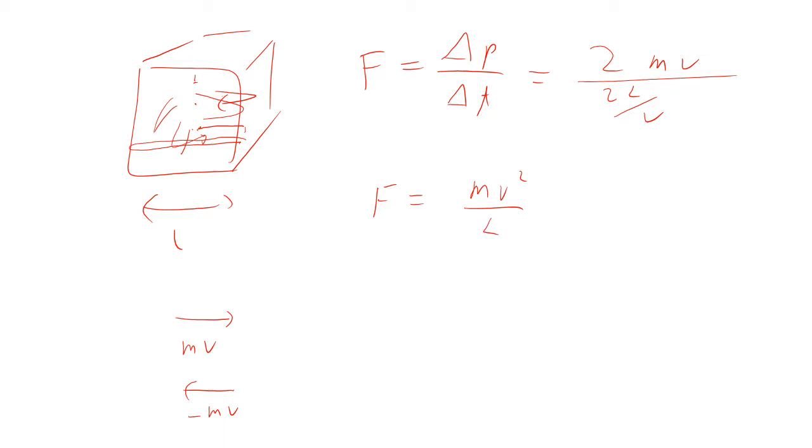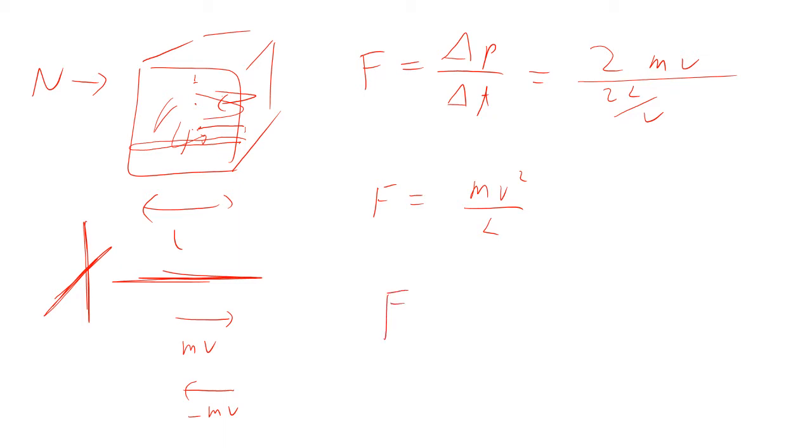Okay. Now, the next question, though, is, if we have n molecules in here, how many of them are going back and forth this way, as opposed to up and down or in and out? They're all moving in different directions, so we can imagine that about 1/3 of them.